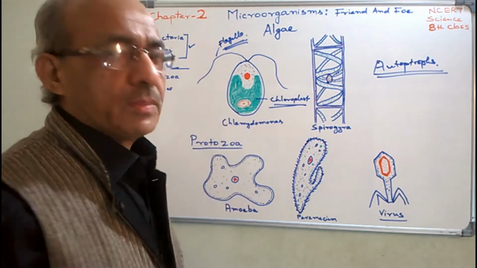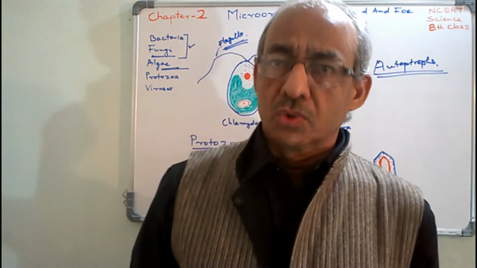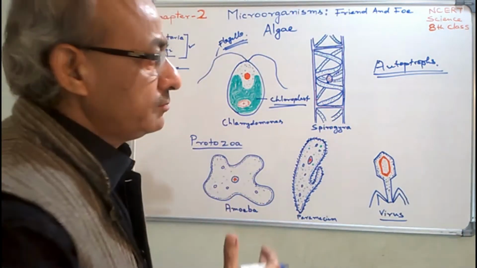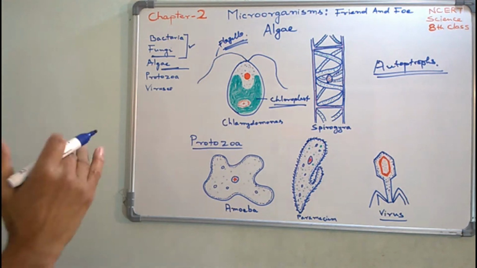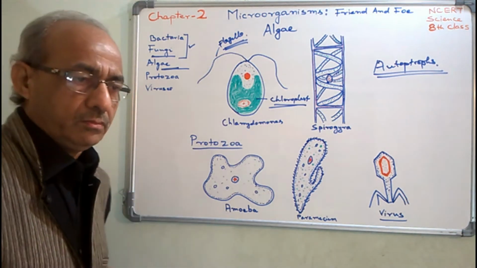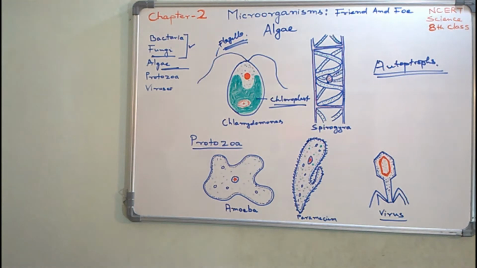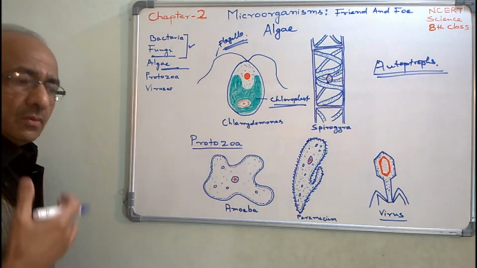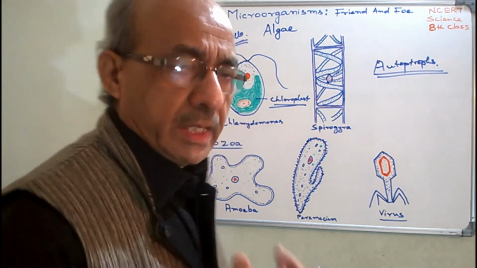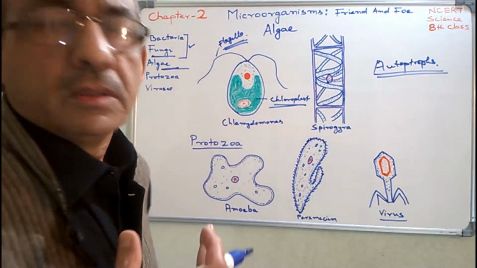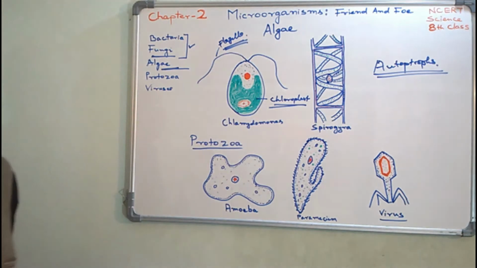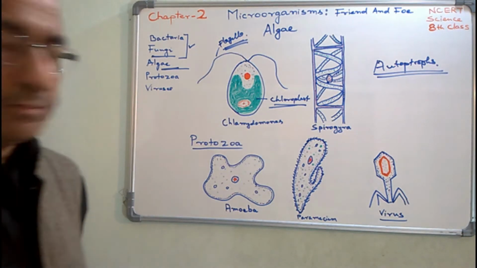Flagella help the Chlamydomonas in locomotion. And all the algae belong to the plant kingdom because they have characteristics which are similar to the members of the plant groups.